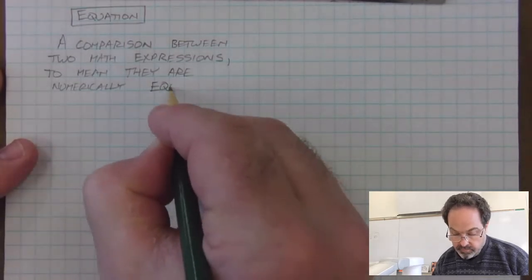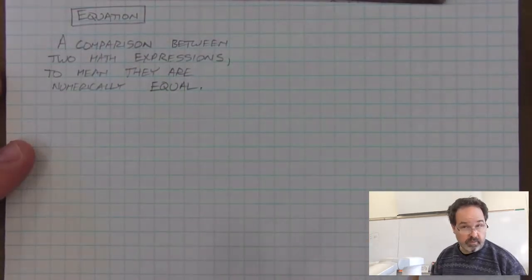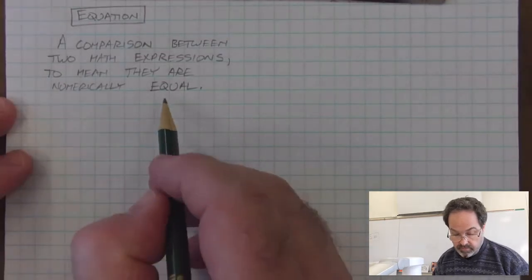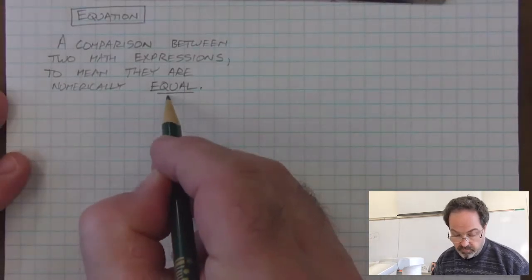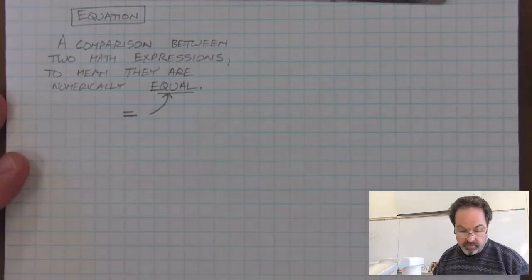An equation must have an equal sign to compare two quantities. And of course, we have a symbol for that comparison, the equal sign.